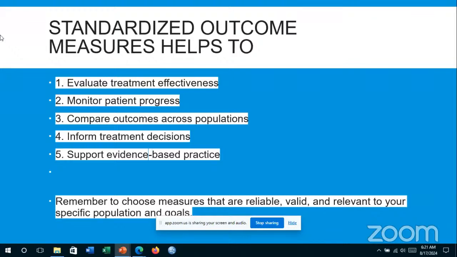For example, if you ask the question, are you satisfied, scores are assigned to each response. Very dissatisfied is a score of 1, somewhat dissatisfied 2, neutral 3, somewhat satisfied 4, very satisfied 5.